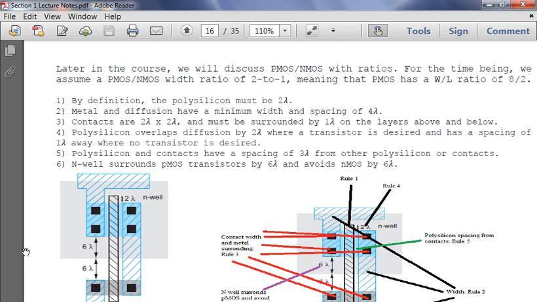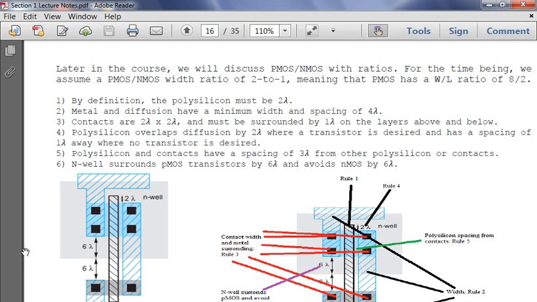Here, it's going to overlap the metal by 2 lambda. As you can see here, this is rule 4, polysilicon overlaps the diffusion by 2 lambda. This is the diffusion region, so it's going to overlap it by 2 lambda. See this little knob here? That's the overlap, so that's rule 4.